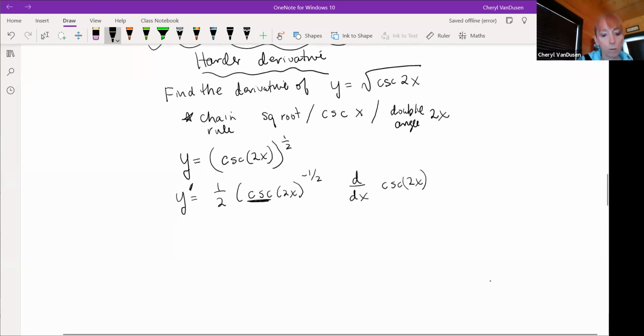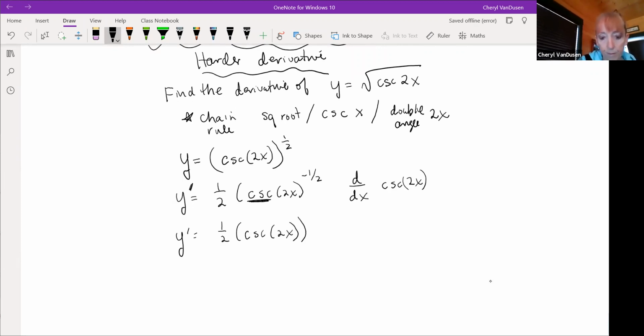So just grab your formula sheet out and look down for what the derivative of cosecant is. So we're going to carry this along. Now we're doing the derivative of cosecant. Again, I don't usually memorize these. I look them up as well. So it's minus cosecant of 2x, cotan of 2x.